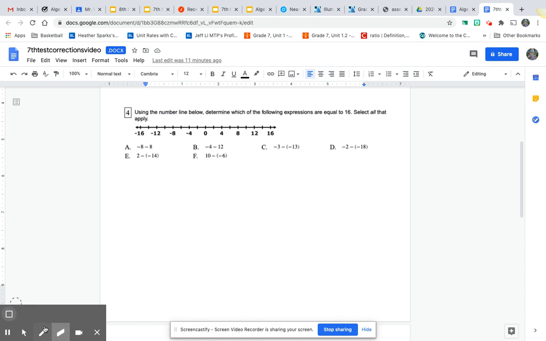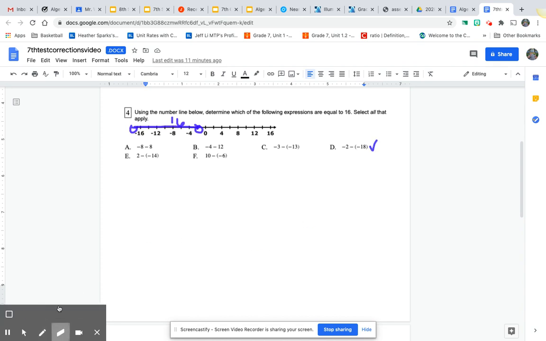All right, let's take a look at letter D. -2 minus -18. So you're going from the -18, which is about right here, all the way up to -2, which is right there. So it's a positive direction because the arrow goes right. That one is worth +16.